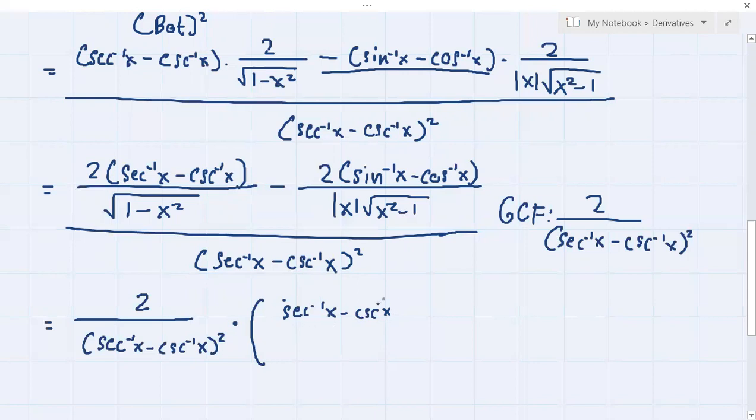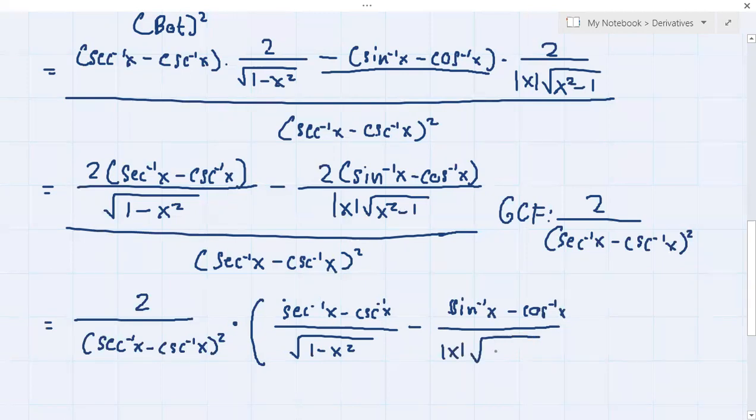Yeah. Arccosecant x all over, sorry po, all over the square root of 1 minus x squared, minus arcsine x minus arccosine x all over the absolute value of x times the square root of x squared minus 1. So, pwede na to as your final answer.